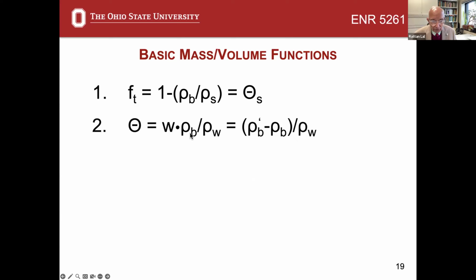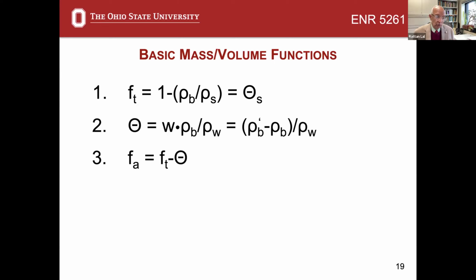So the ratio of the bulk density of soil to the density of water is the specific gravity of soil. And this could also mean wet bulk density minus dry density divided by the density of water. And the density of water is 1 for practical purposes. Density of water is 1. 1 what? 1 gram per cubic centimeter or 1 megagram per cubic meter. So that's the second equation, which is very, very good to keep handy.